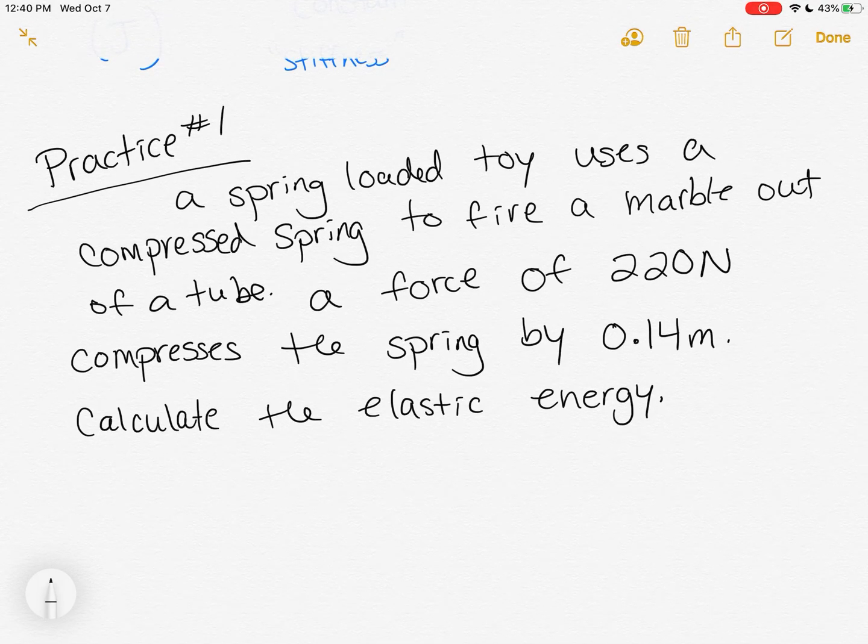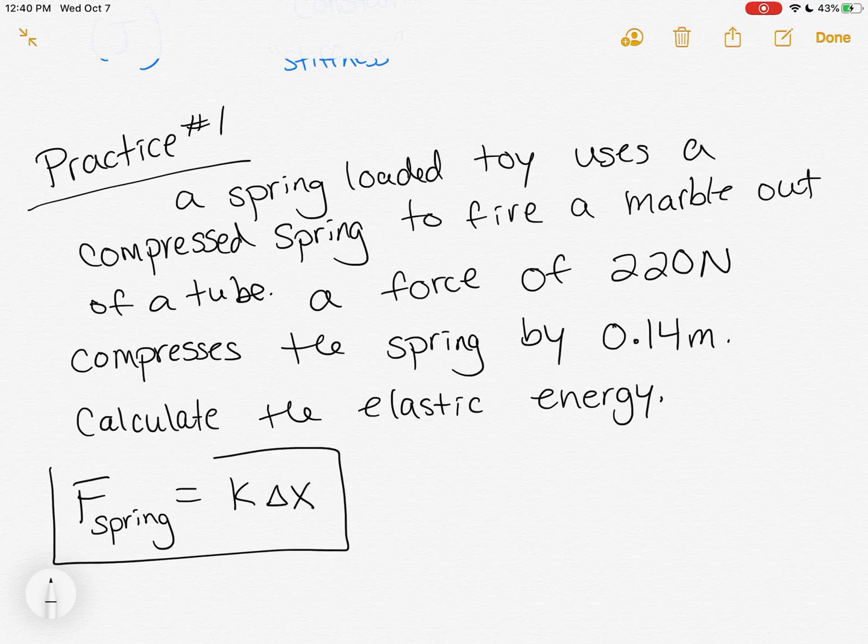Okay. With this question, we also need to think about the spring force, so I'm going to introduce a new equation here as well. The force of our spring is equal to K times delta X. This is a special equation called Hooke's law.